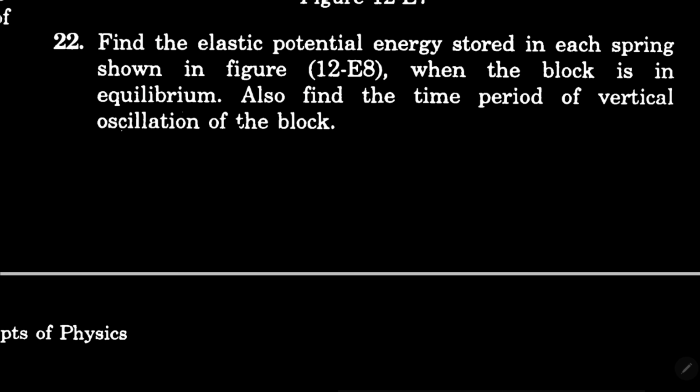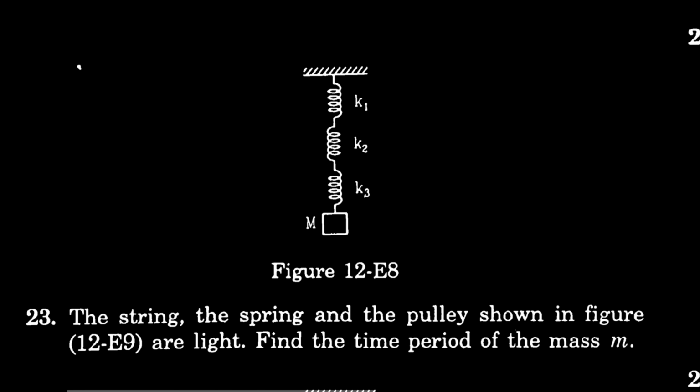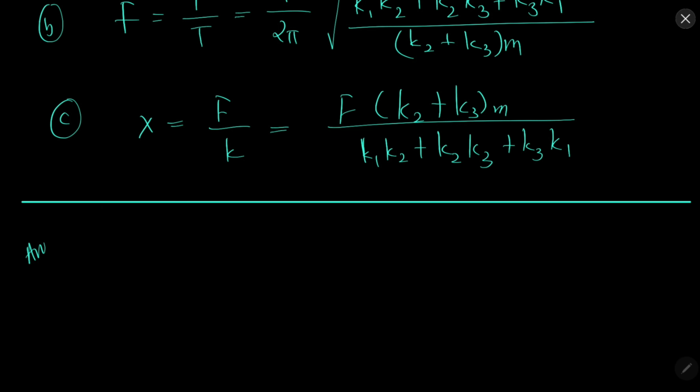In question 22, we need to find the elastic potential energy stored in each spring in the given figure, also the time period. So this is the figure that we have been given. So this is solution 22. They are in series, so the resultant will be like this. Now we can simplify it further.